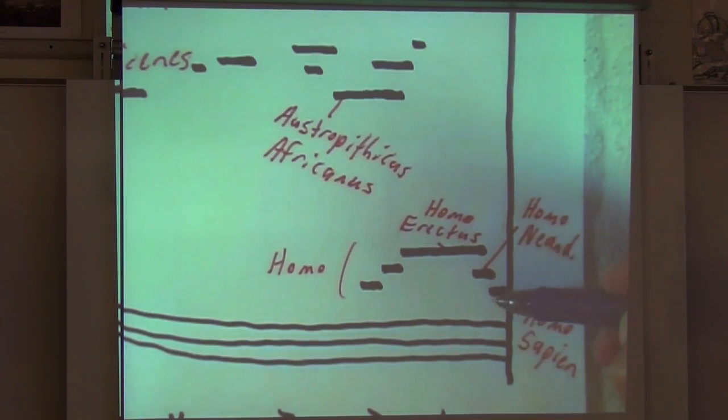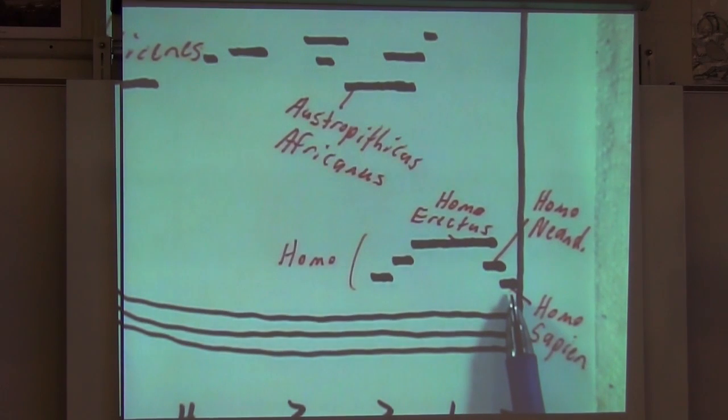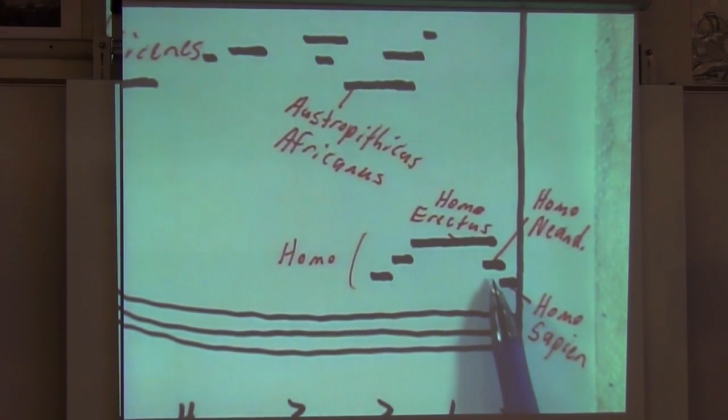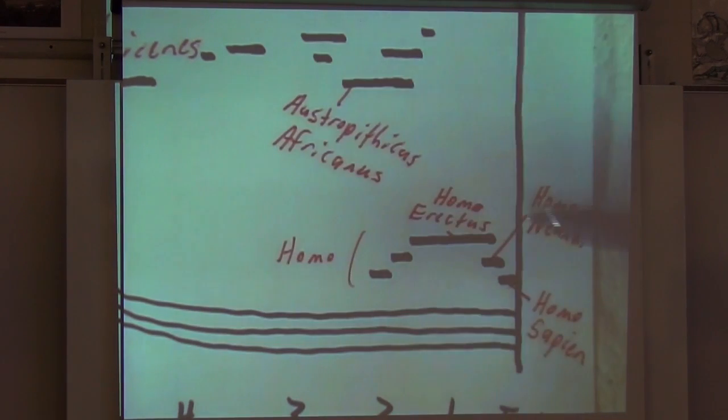You notice that Neanderthal and Homo sapien, their lives overlap. Homo sapien has probably been around maybe 250,000 years. Homo Neanderthal was around from about 400,000 years ago to 40,000 years ago. So you can see there was an overlap.